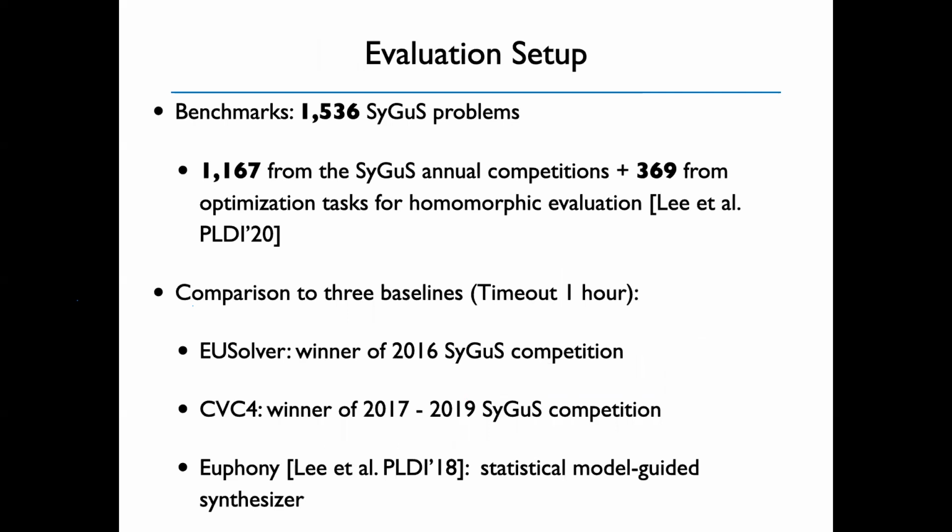Now we present evaluation results. We have evaluated our tool Duet on over 1,500 synthesis tasks collected from the SyGuS competition benchmarks and our previous work of synthesis-based optimization. We compare our tool to EU Solver and SyGuS4, which are the winners of past SyGuS competitions, and Euphony, which is a statistical model-guided synthesizer.